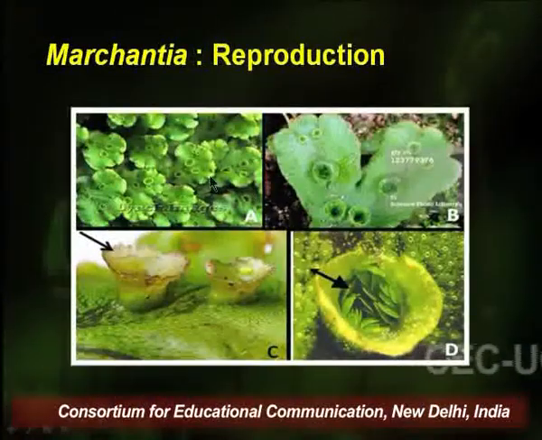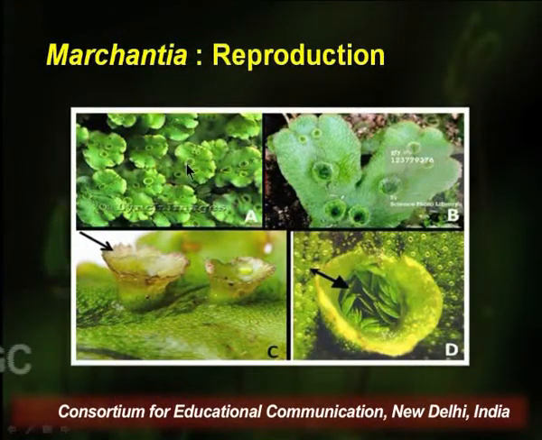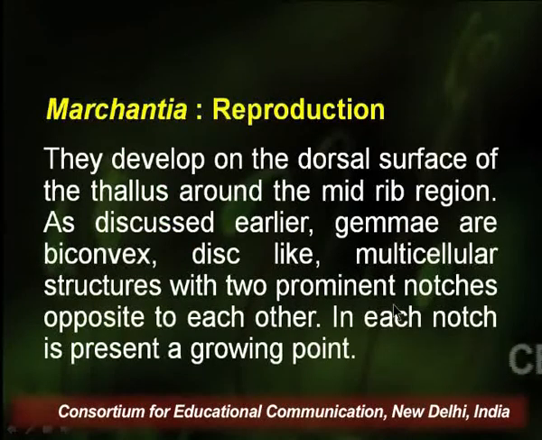Here in this diagram, you can very well see multiple such cupules or gemma cups arising on the dorsal surface in the midrib region, and each of these cups bears numerous gemmae. The gemmae develop on the dorsal surface of the thallus around the midrib region.